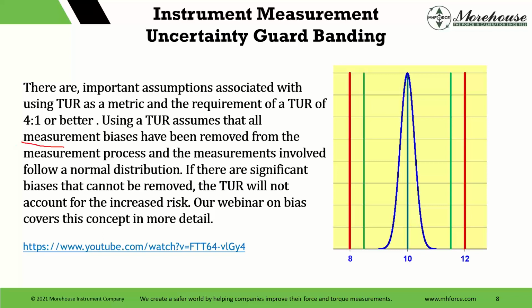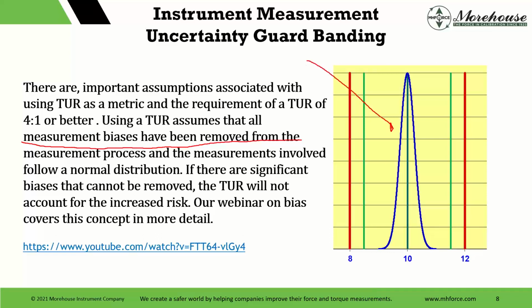So basically, the reason this slide made it back here is if you're doing uncertainties for your system and you have these biases and are not accounting for them, this is a garbage scenario because it makes the assumption that all biases have been removed. In fact, most papers make that assumption. If you go read them, the requesting of a 4-to-1 TUR and everything else, guess what?